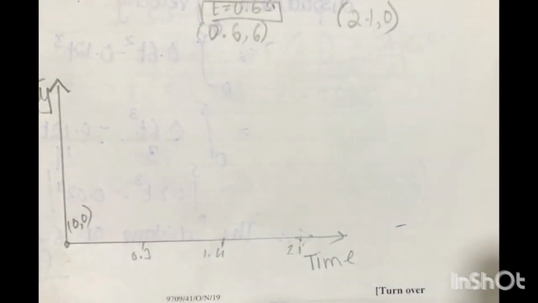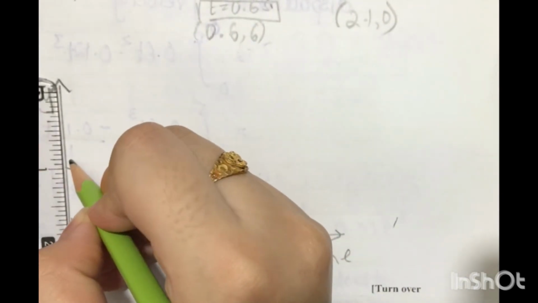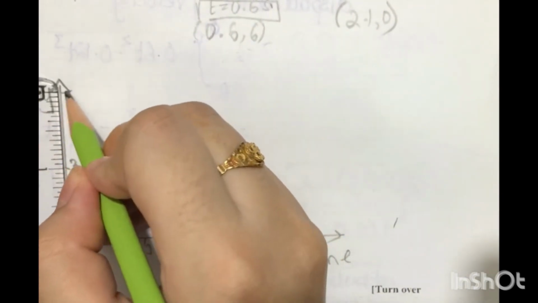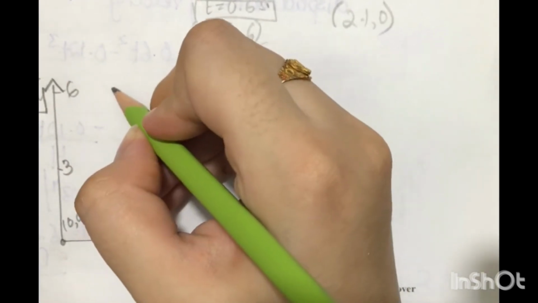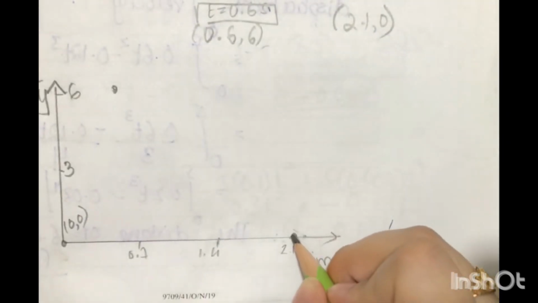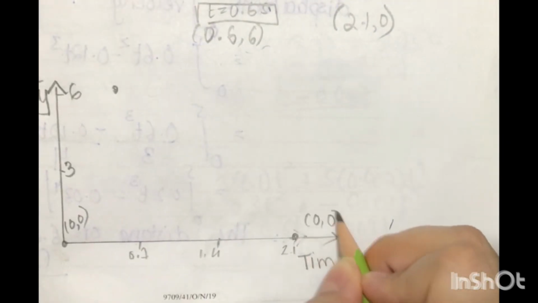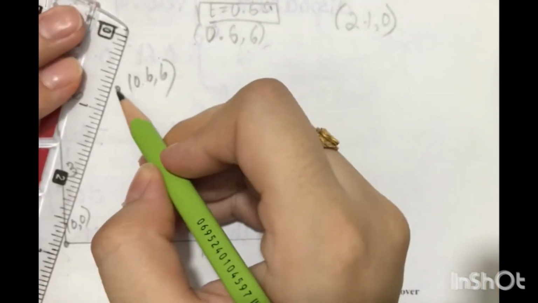So we can make 1 inch over here, 3, and this becomes 6. At 0.6 the velocity is 6, and then at 2.1 velocity is 0 again. Now we can join these 3 points.